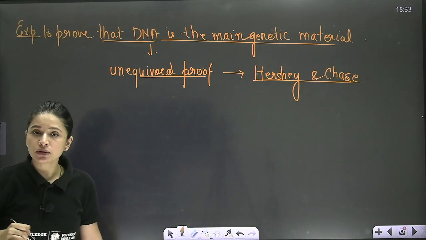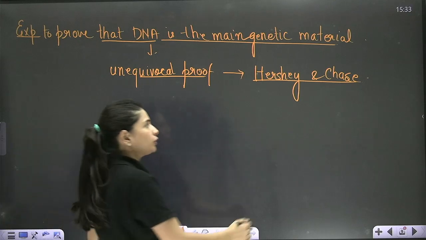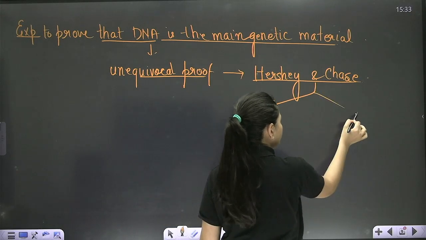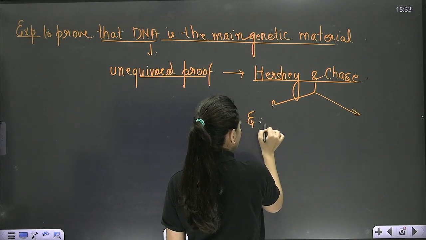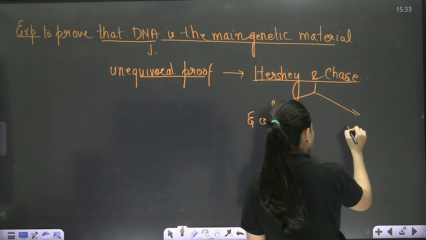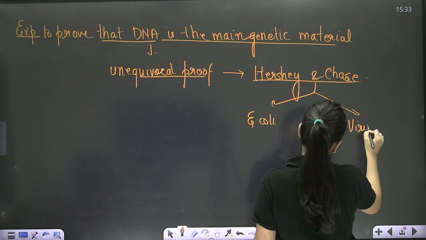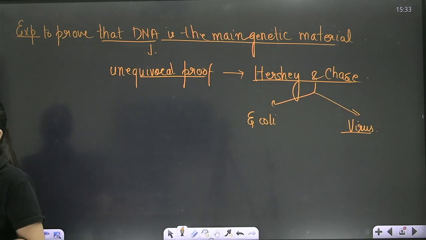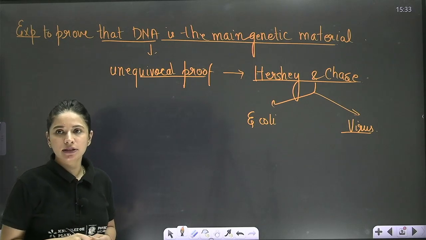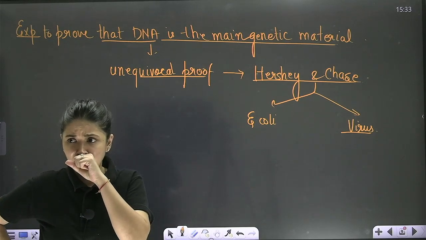So these were the two scientists who took two organisms to prove this. One was a bacteria called E. coli, plus they took a virus, bacteriophage, right? And in 3 steps they proved that yes, DNA is the main genetic material.